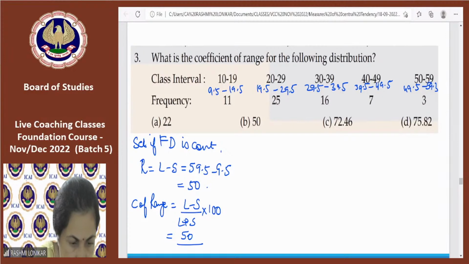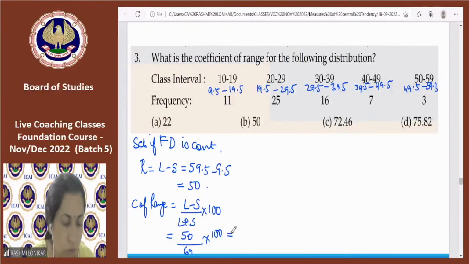So upon 69 into 100. So this is equal to 5000 divided by 69, which is equal to 72.4. So C will be the correct answer.